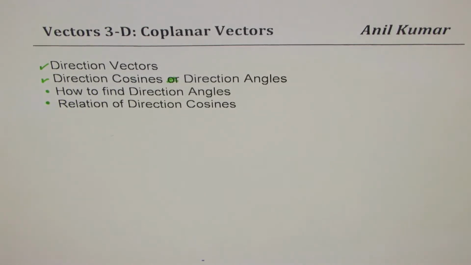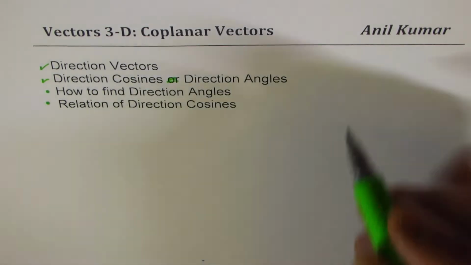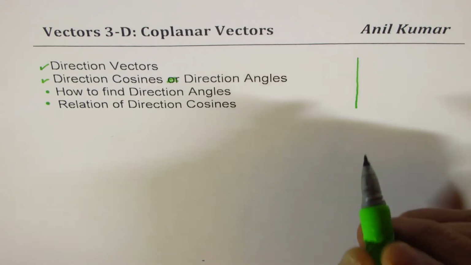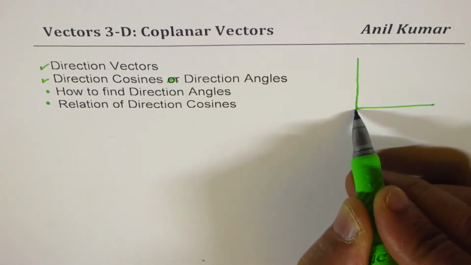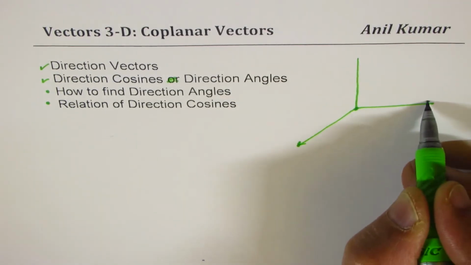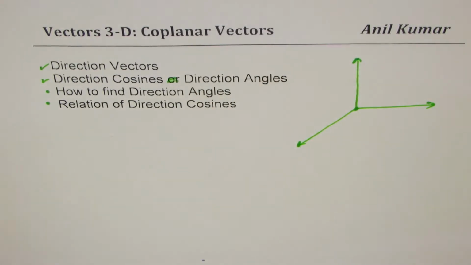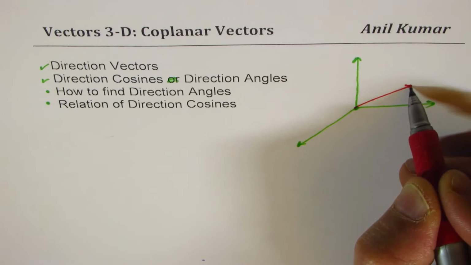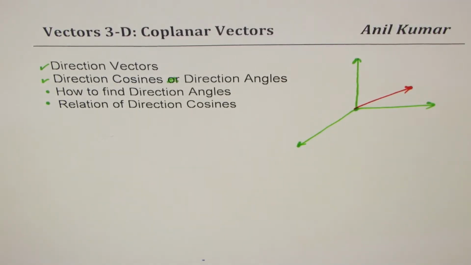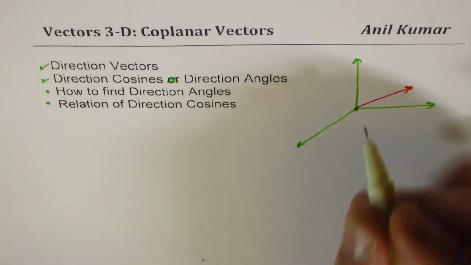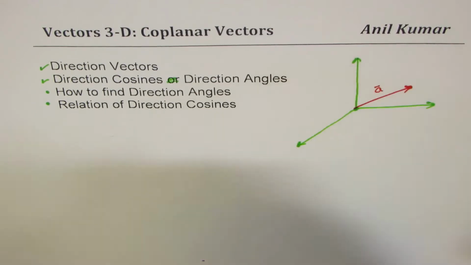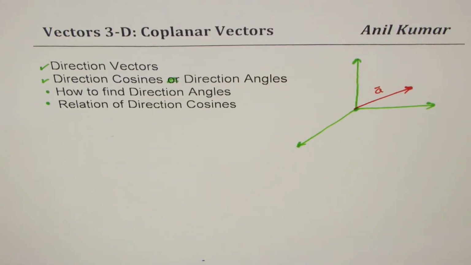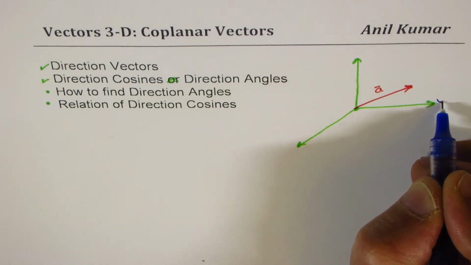So let us say that this is our R3 plane, and the vector is kind of like this. Let's say that's the vector A which we are talking about. Now let us say the y component, the y-axis, right?